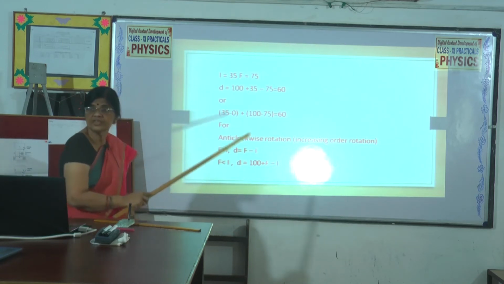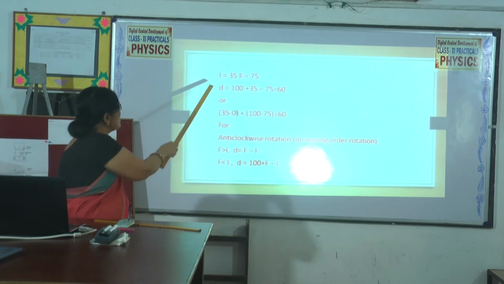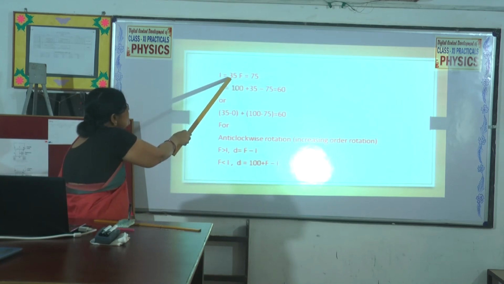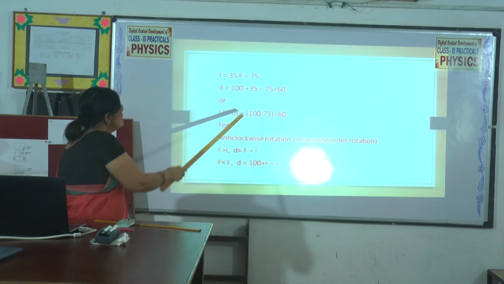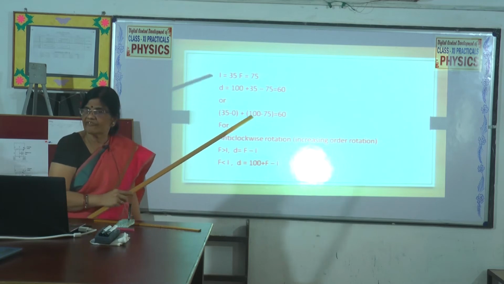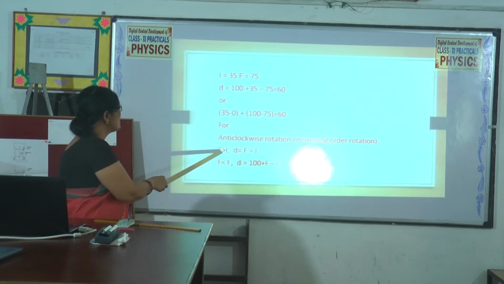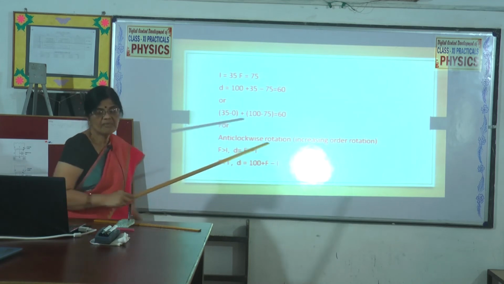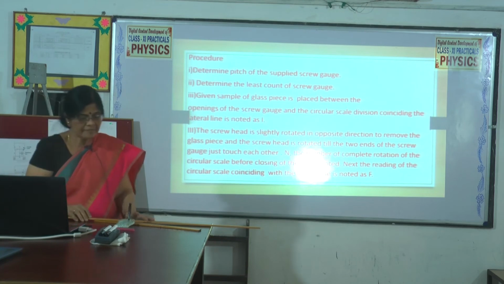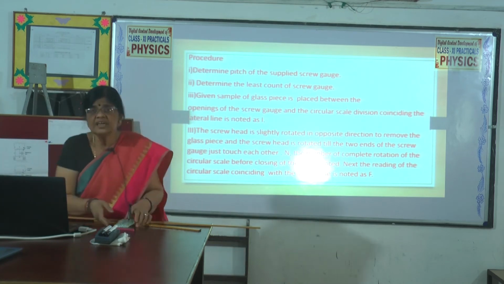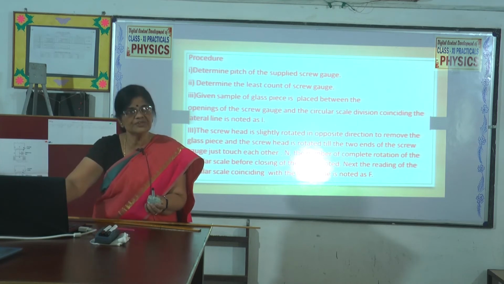So for a clockwise rotation, if I is less than f, the formula used always for the screw gauge experiment is 100 plus I minus f. For a clockwise rotation, mind you. And for an anti-clockwise, it is f minus I and 100 plus f minus I, which you know in the higher classes. Okay, so let's first take a reading, then we go over to the procedures.